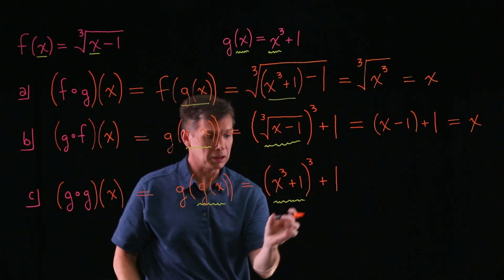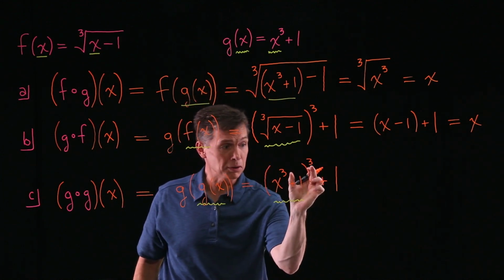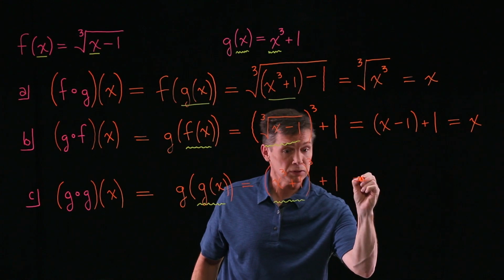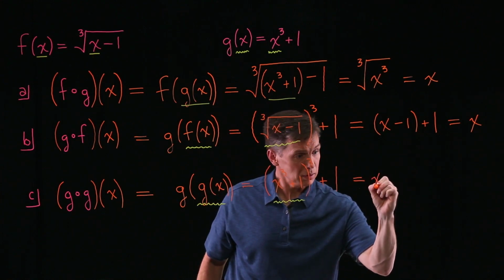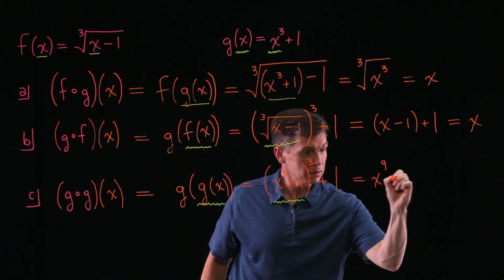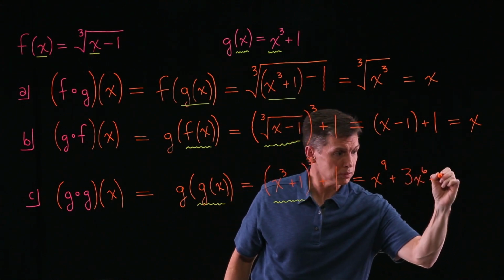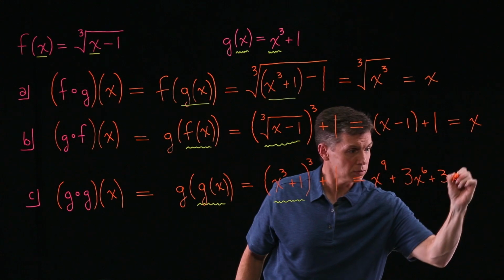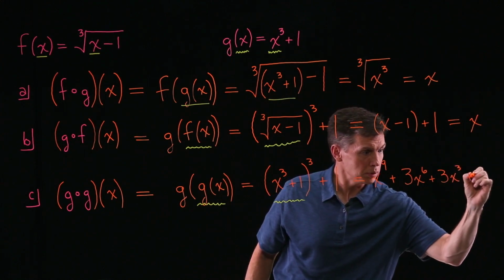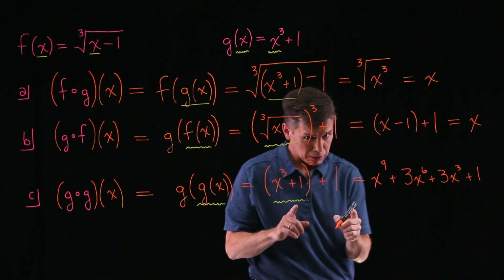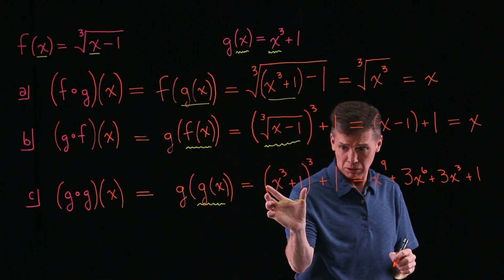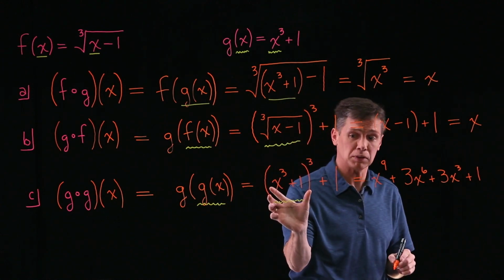Okay? And then it's the algebra. The algebra here, I'm going to expand a binomial to the 3 power. So in this case, that's going to end up being x to the 9th plus 3x to the 6th plus 3x cubed plus 1. Take your time on that one if you even need to write another step or two to expand those parentheses.